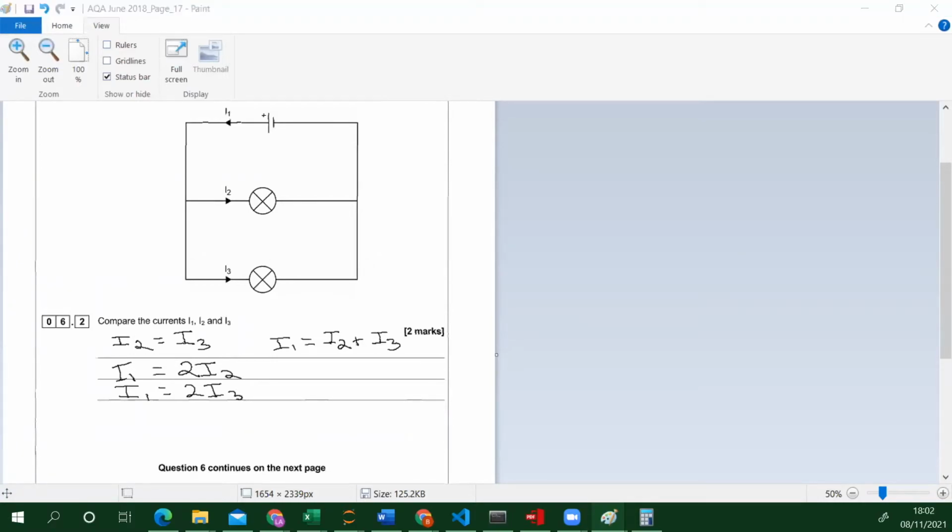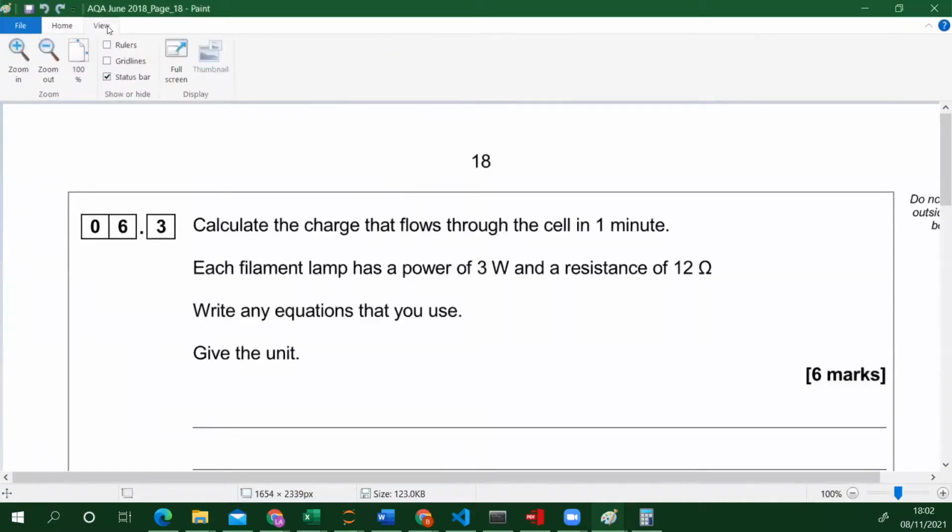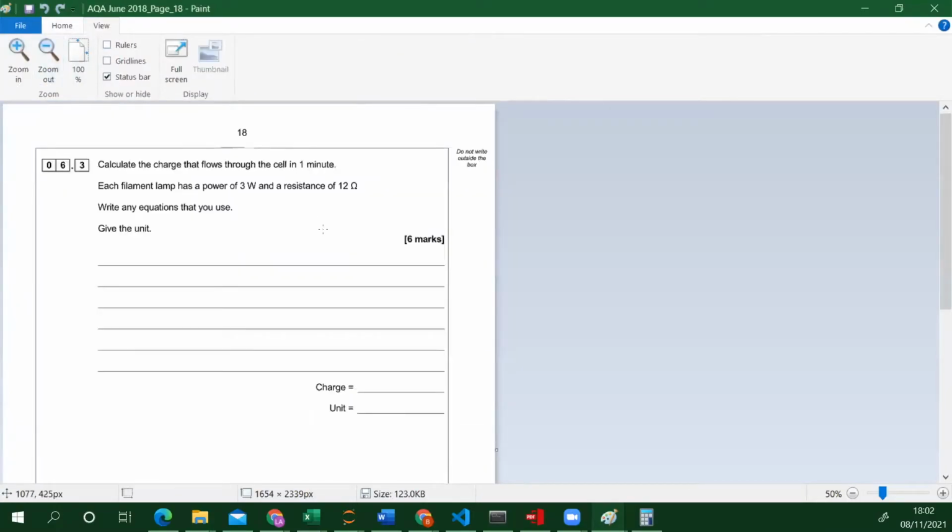Right, let's open the next page. So let's zoom out a bit. Calculate the charge that flows through the cell in 1 minute.